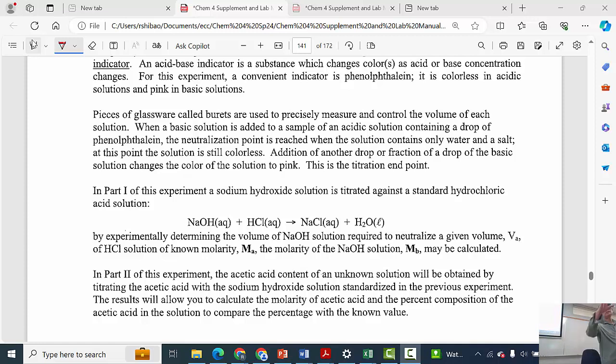And so we have two burettes here. We're doing Chem 4 style titration. Chem 4 style titration is for beginners. Chem 1A style titration is for more advanced students. In Chem 1A, we just use one burette, typically just the one base burette, and that's it.